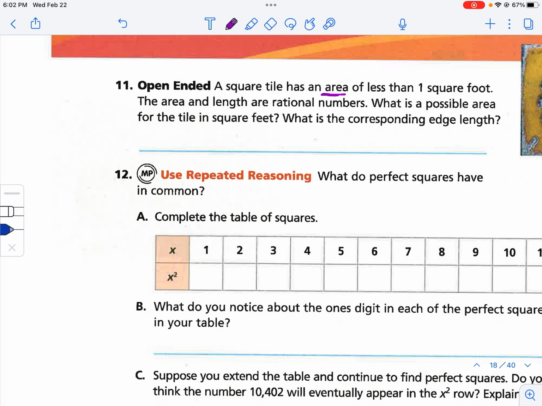So the area of less than 1 square foot and the length are rational numbers. Okay. So that means the area is less than 1. So, I don't know, 9/16. Is that less than 1?